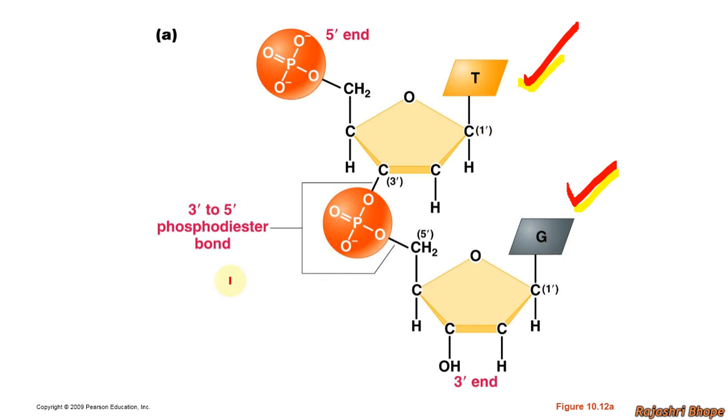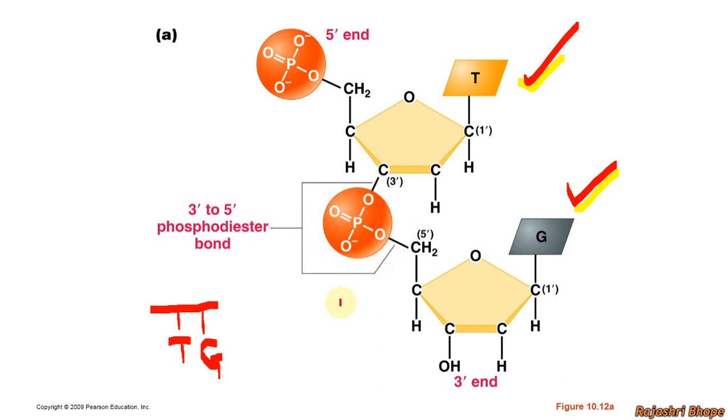These two are adjacent nucleotides present in one strand of the DNA. Say this one is T and this one is G. These two are linked together with a phosphodiester bond. This bond present in between these two is known as the phosphodiester bond.